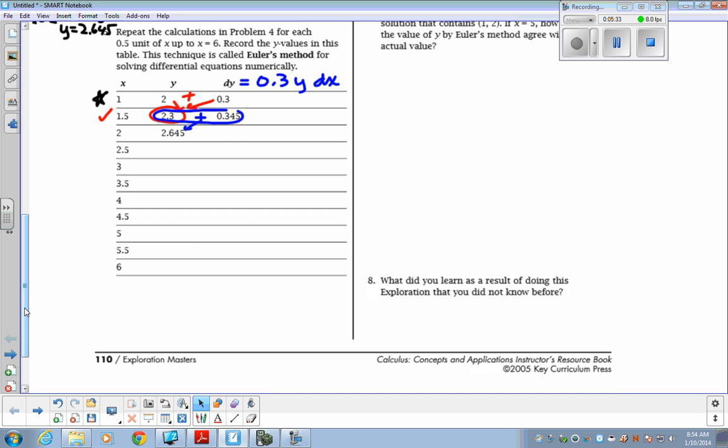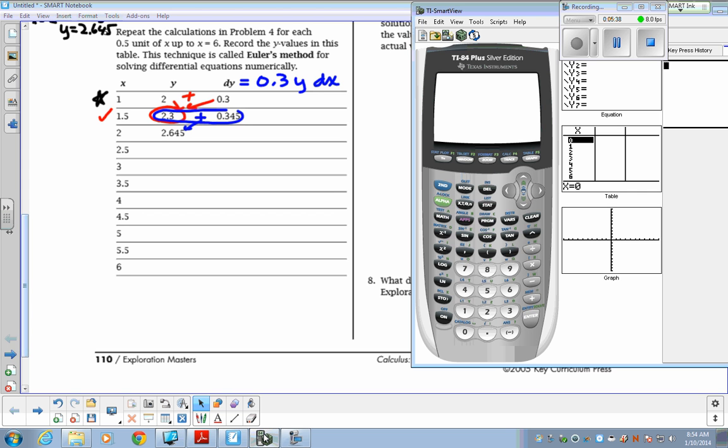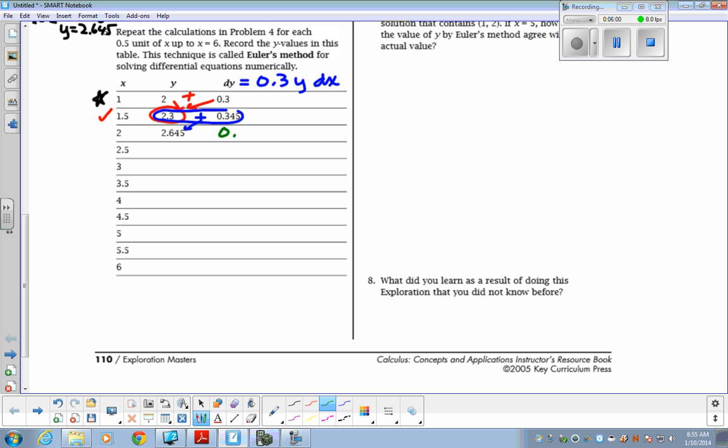Now I'm going to use my calculator and the store button to show you how I would do the next one. So with your calculator, I'm going to find my dy, which is 0.3 times the y value right now, which is 2.645. And then I'm going to multiply that by dx, which is 0.5. So I calculate what that is, and I get 0.39675, I believe. So write that down.